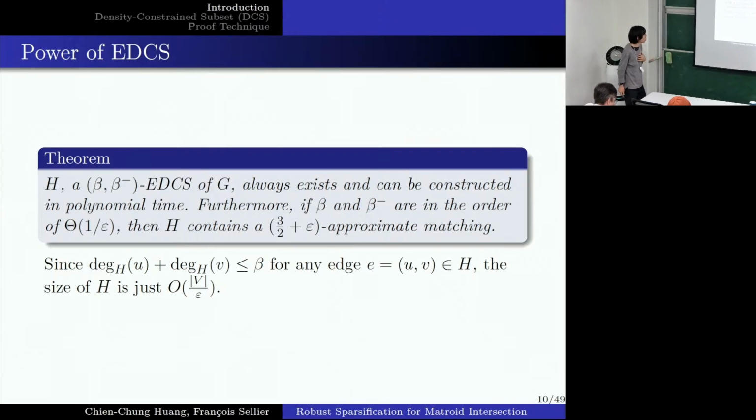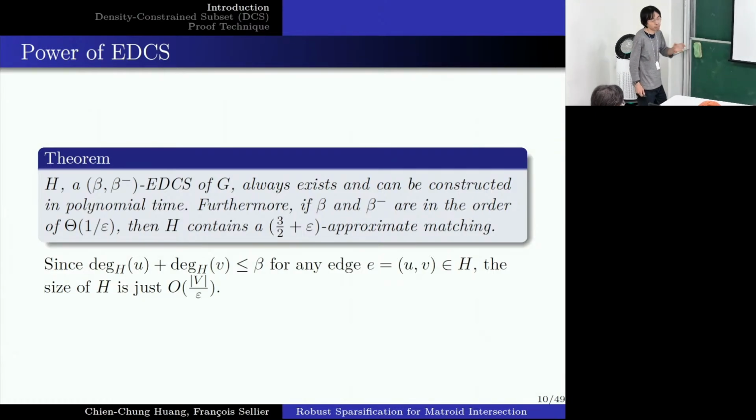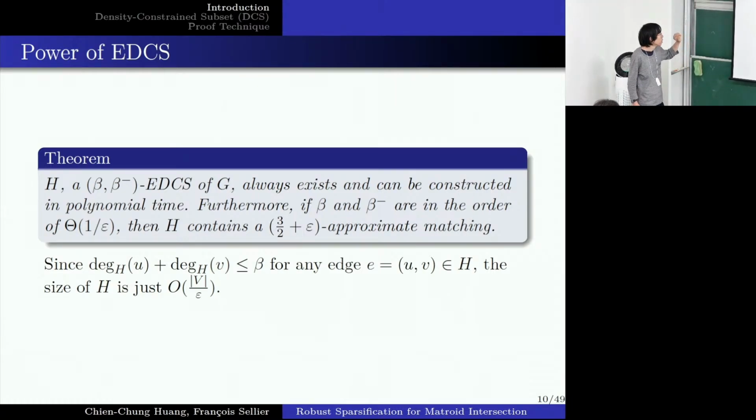Okay, so that's the big theorem. This is something shown in a paper from 2025 in SODA. They show that if beta and beta minus are roughly on the order of 1 over epsilon, then this H always gives you a 1.5 plus epsilon approximation.